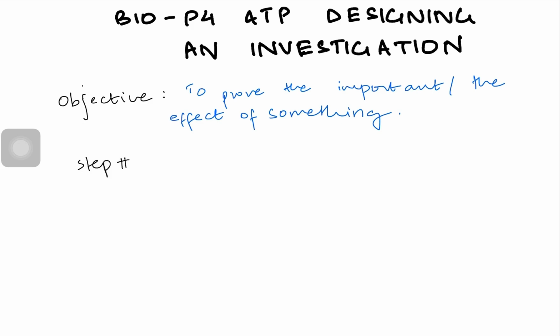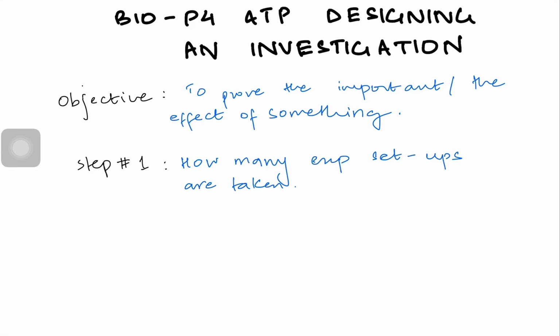For example, in step number 1, you mention what kind of specimen you are taking and how many of those. So you talk about how many experimental setups are taken.